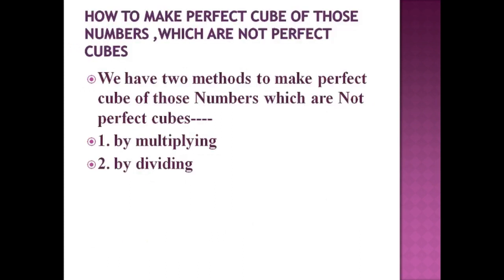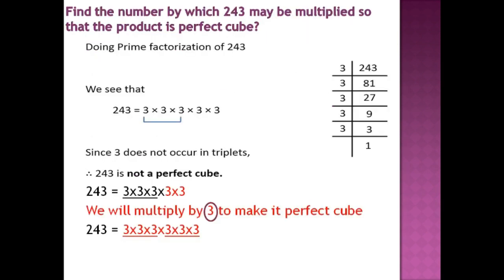We have two methods to make a perfect cube of those numbers which are not perfect cubes. First method is by multiplying and second method is by dividing. Let's make a non-perfect cube number a perfect cube by the multiplying method.